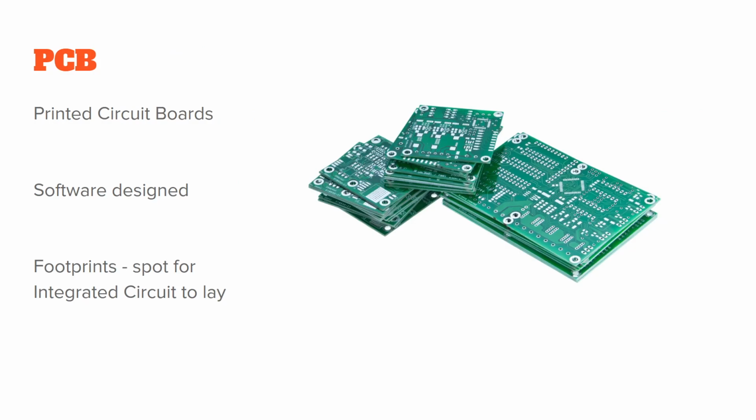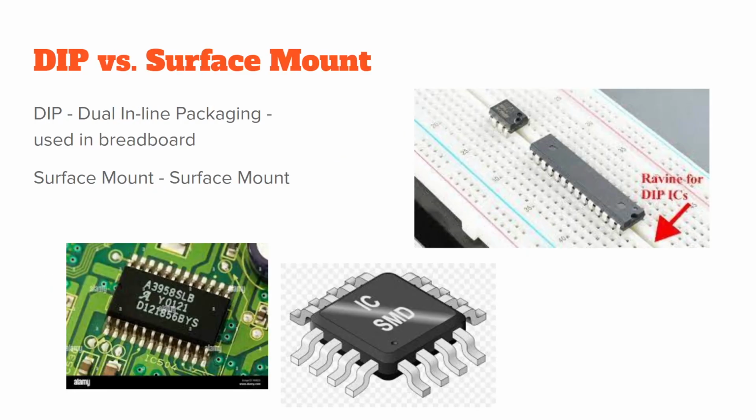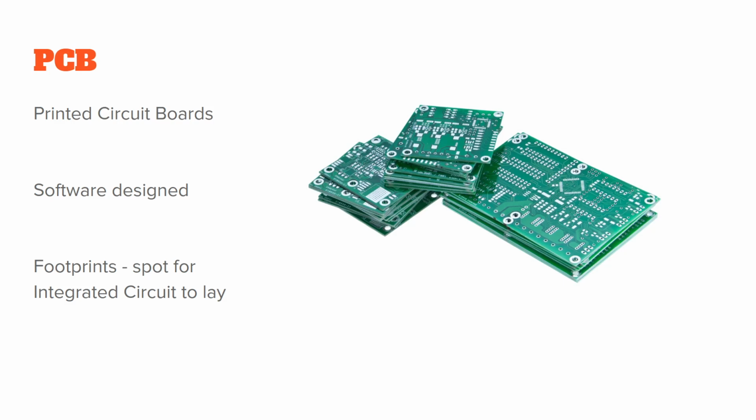I mentioned that surface mount ICs are soldered onto a PCB. So, what is a PCB? PCB is a printed circuit board, and these are designed in software using CAD software like Altium, Eagle.